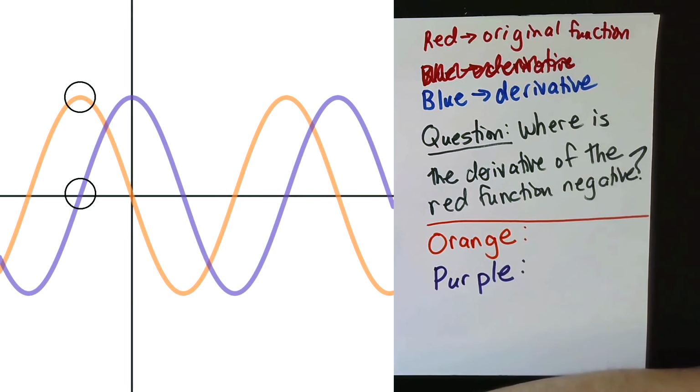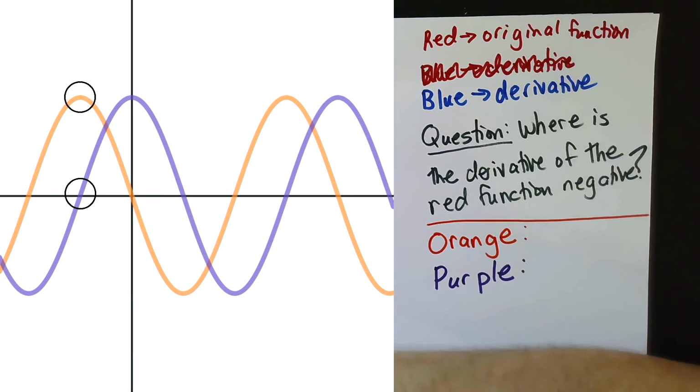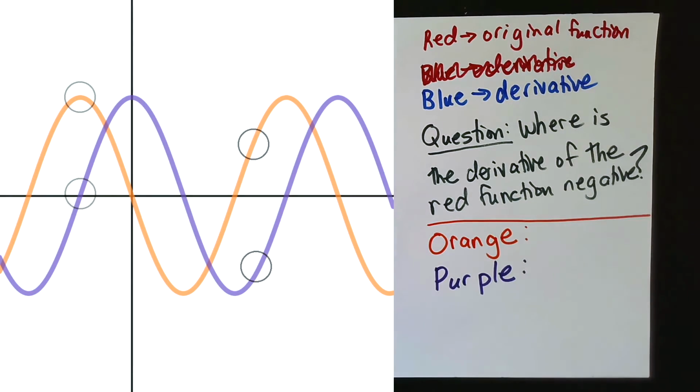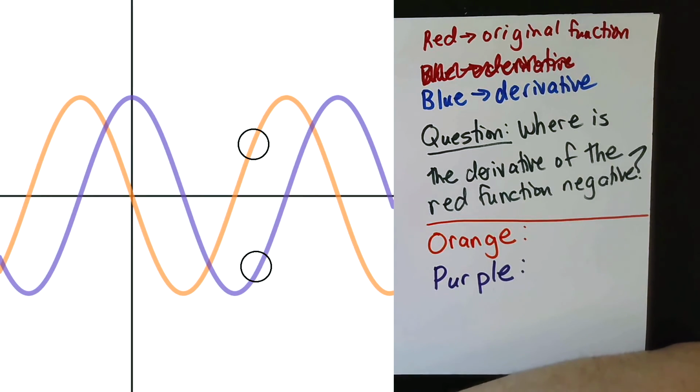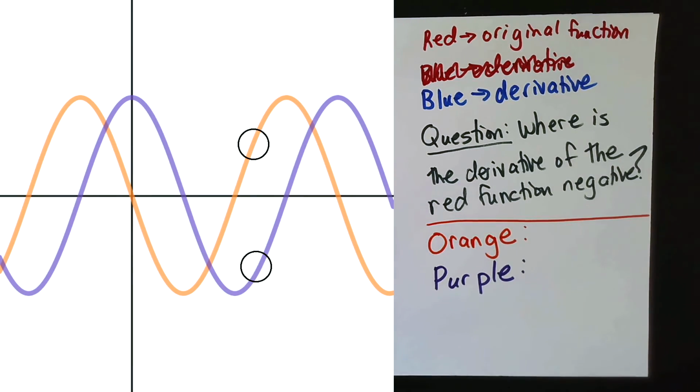In fact, we can't actually determine the answer just by looking at the places where the derivatives of either of these things is 0. I have to look a little more closely here. So namely, what I want to do is look at a pair of points like this one, and think about what would be true about the derivative of the orange function and the derivative of the purple function at these points.